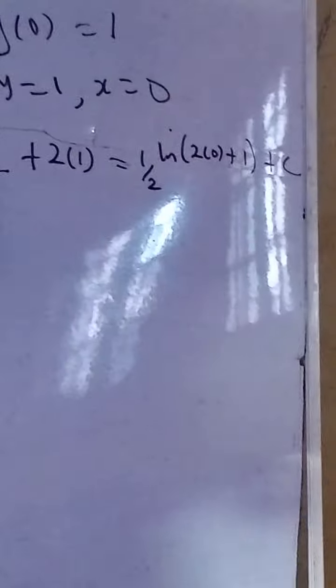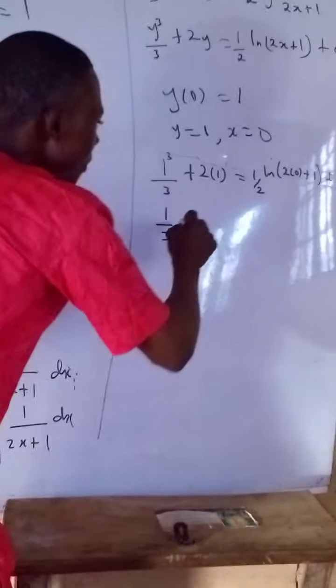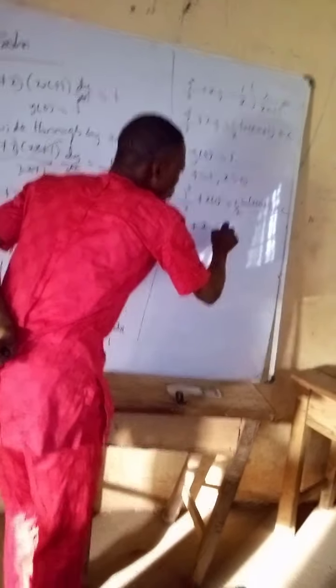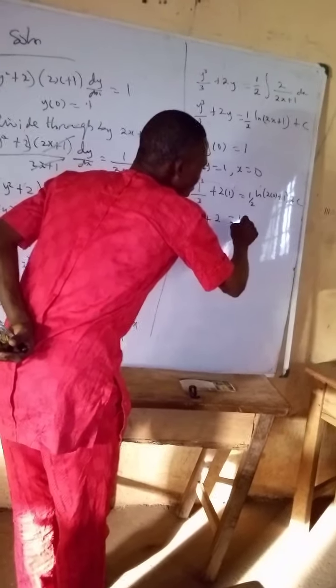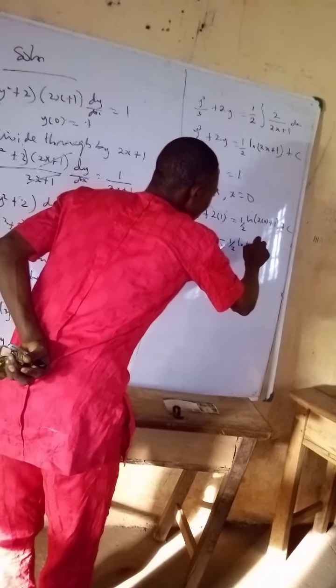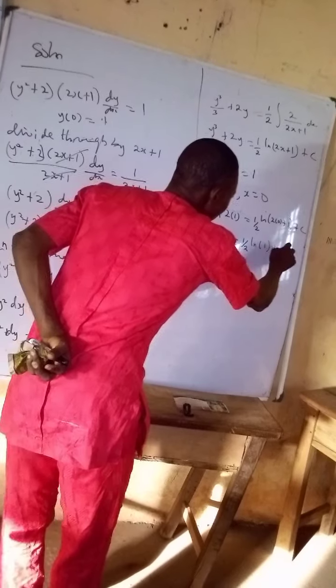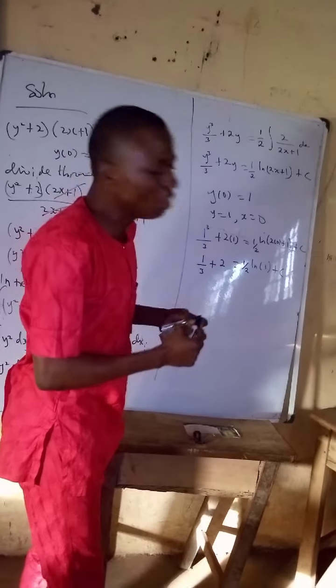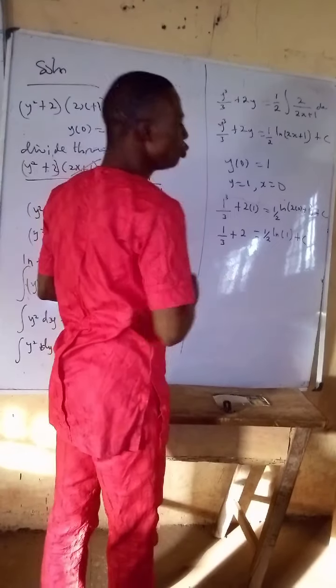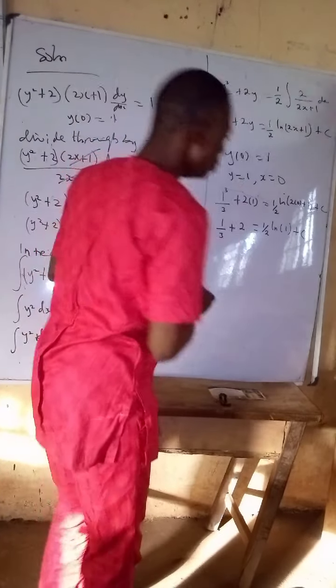You agree with me that this will give us 1 over 3 plus 2 equal to 1 over 2 ln 1 plus c. ln 1 is 0. 0 times 1 over 2 will still give us 0.